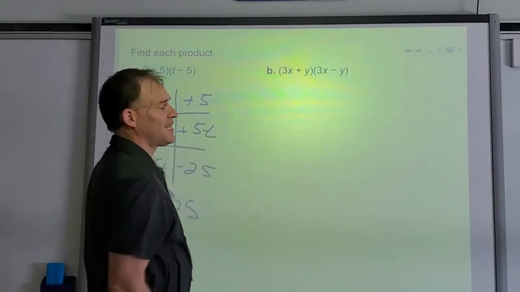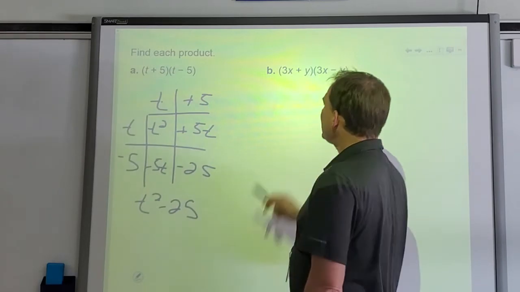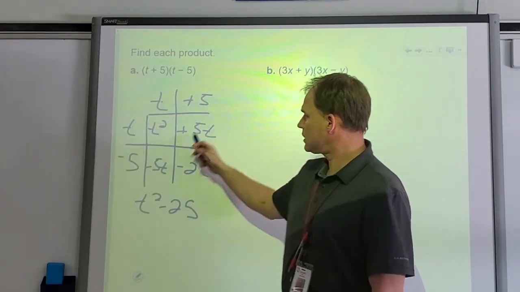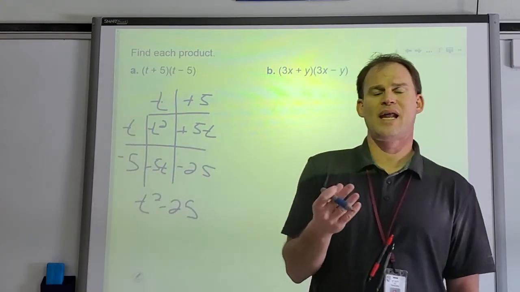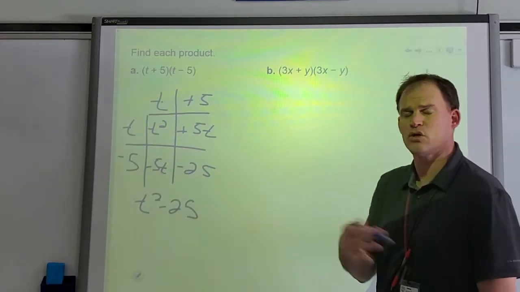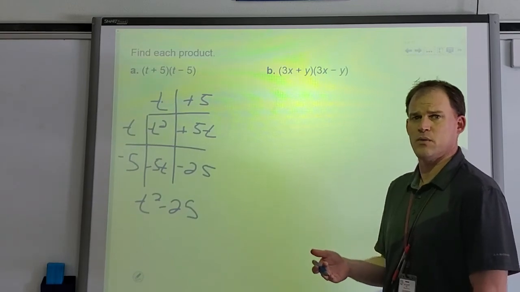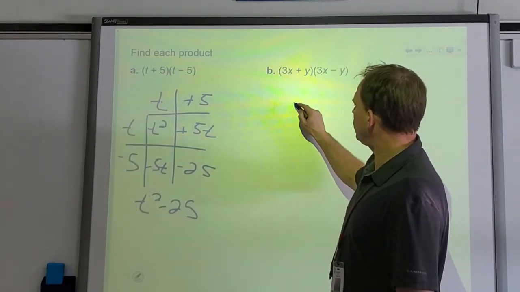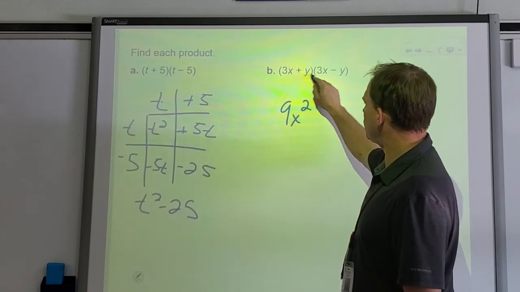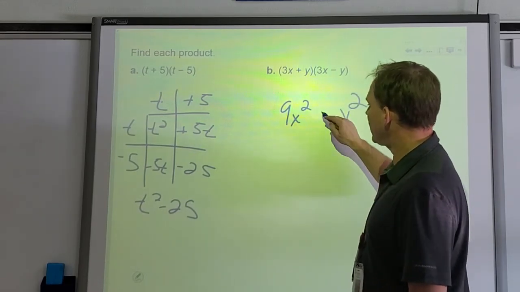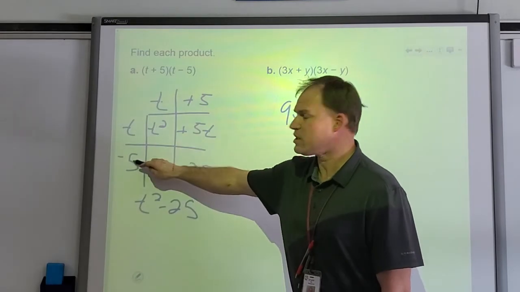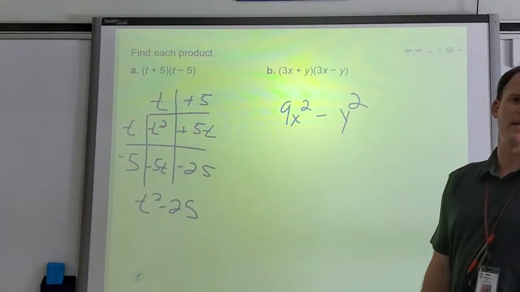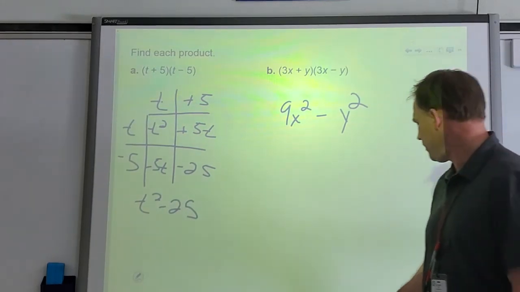So if I look at something like this, I know, because it's the exact same numbers, one's a plus, one's a minus, I'm going to have that happen every time. Those like terms are going to drop out every time. They're going to be 0. So whenever I see this pattern, I know it's going to be the first term squared, the last term squared, and because it's one of each sign when I multiply it out, it's always going to be a minus sign in the middle. Okay?